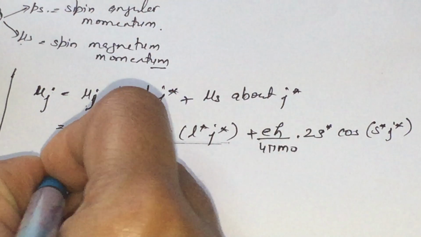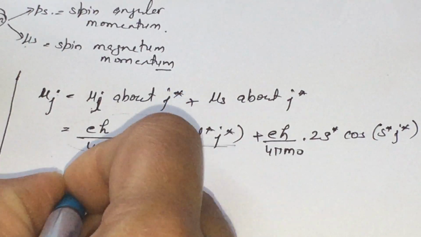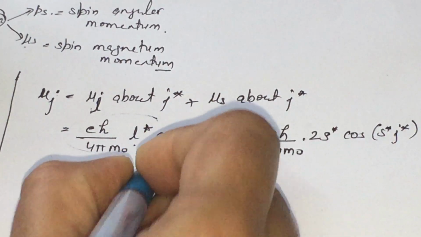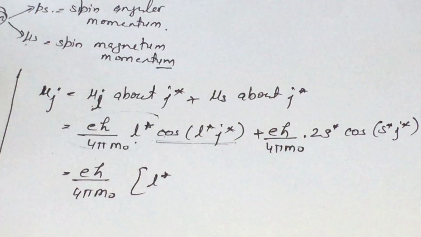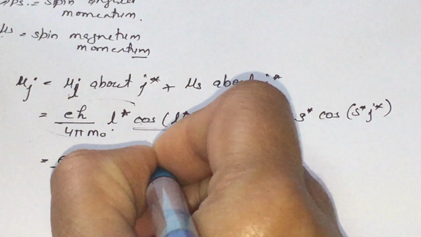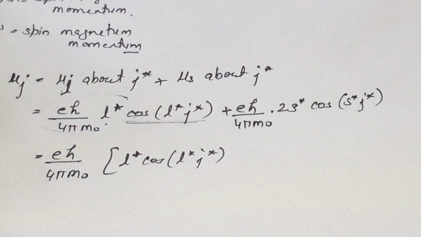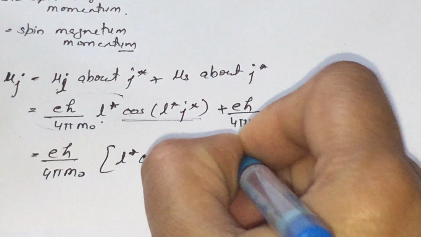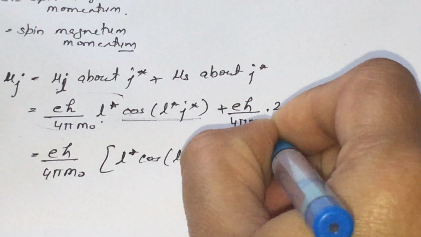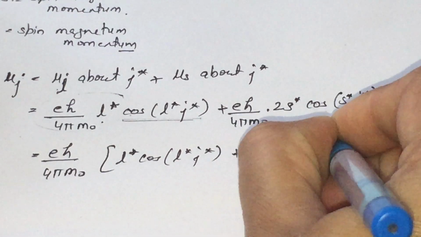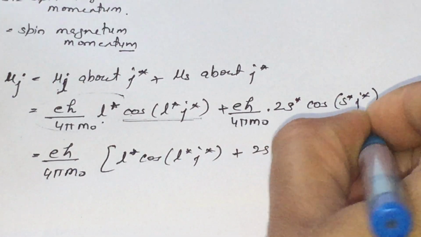If we simplify, we can take eh upon 4 pi m naught common, and in the expression we have cos of the angle between L star and J star, times L star, plus 2 times S star, and the angle between S star and J star.